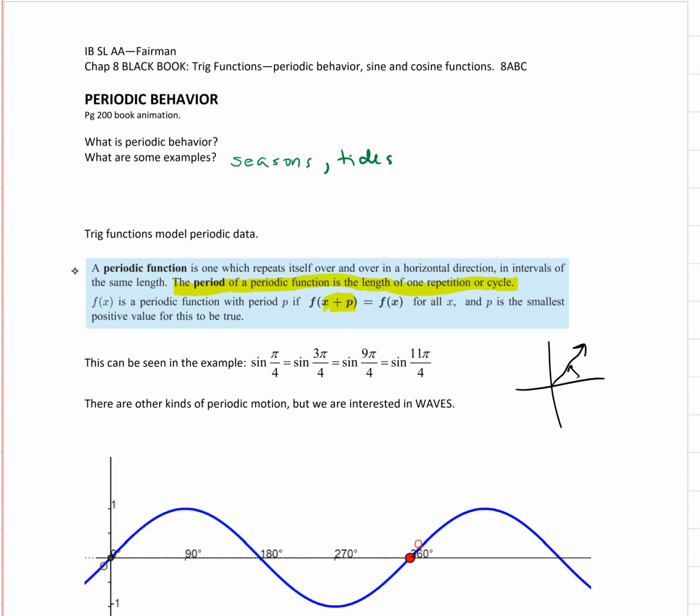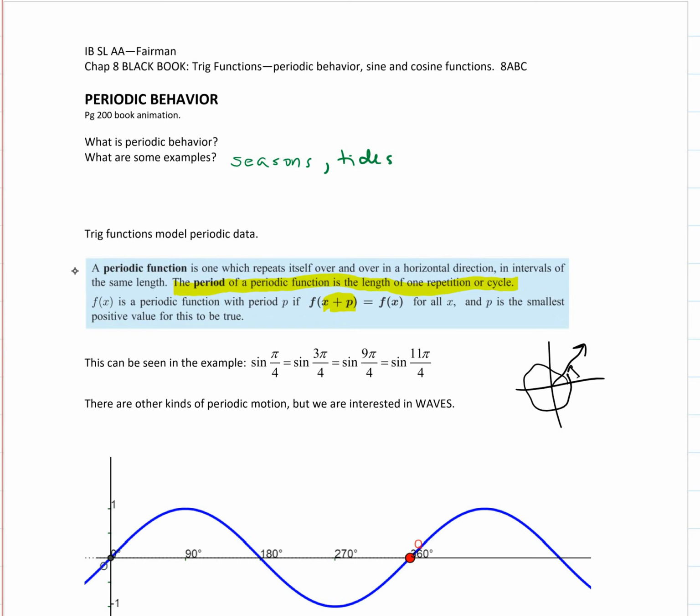That's our angle pi over 4. Where else does the sine have the same value? Well, if we went all the way around by adding 2 pi, we end up at that same spot. And if we went all the way around again by adding another 2 pi, we end up at that same spot. And so here we figure out that the sine is a periodic function.